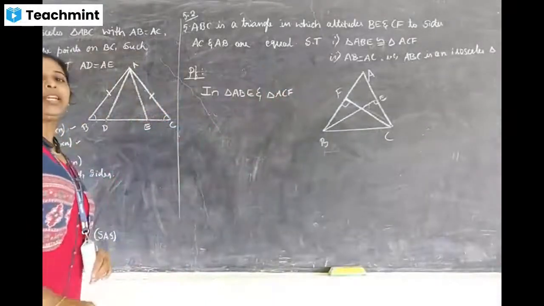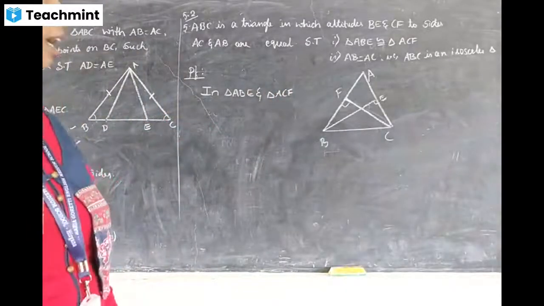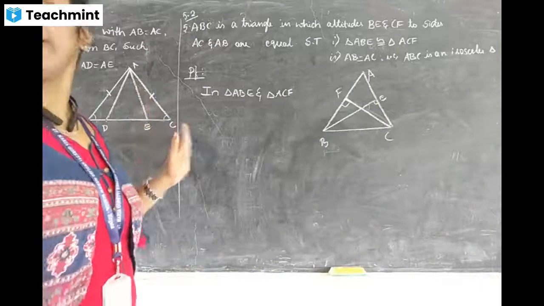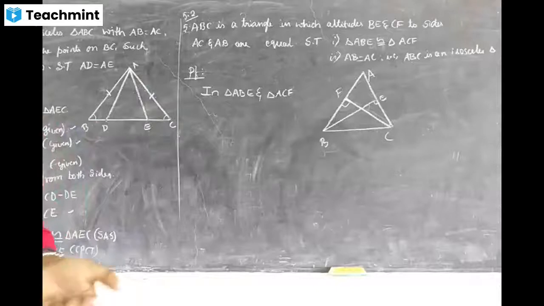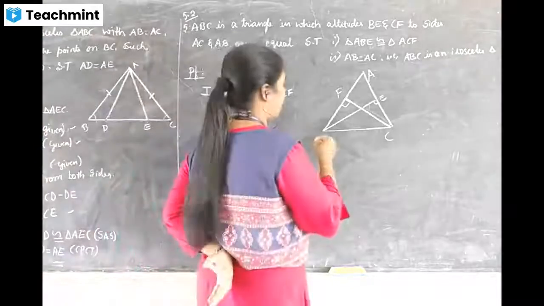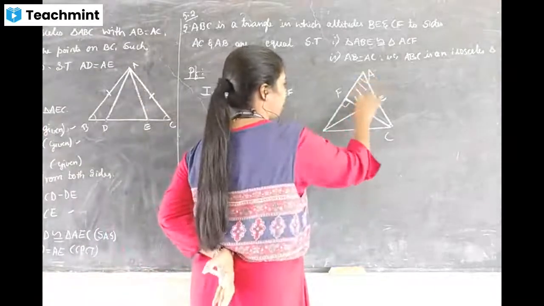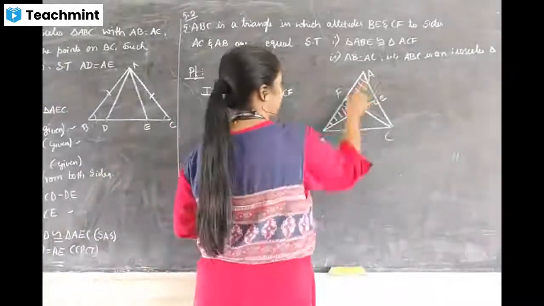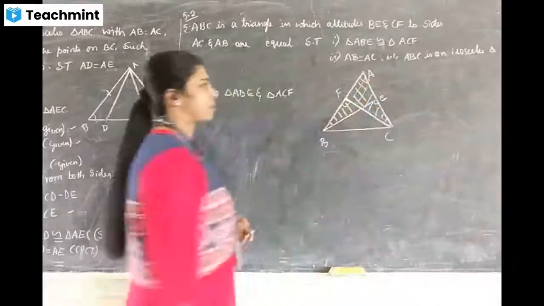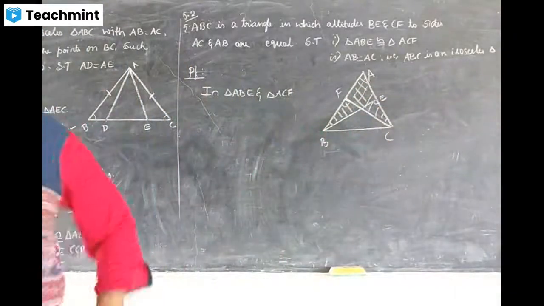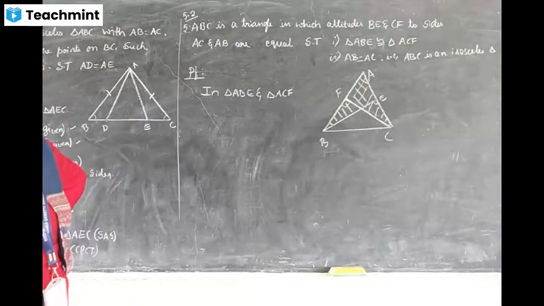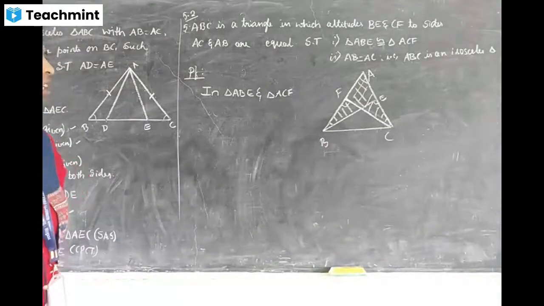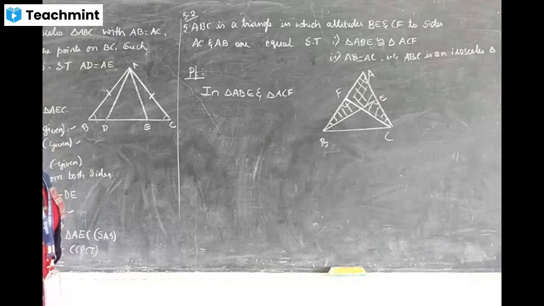In triangle ABE and the triangle ACF, which things you can see here, they are equal? Angle, side, anything. Identify yourself, please.